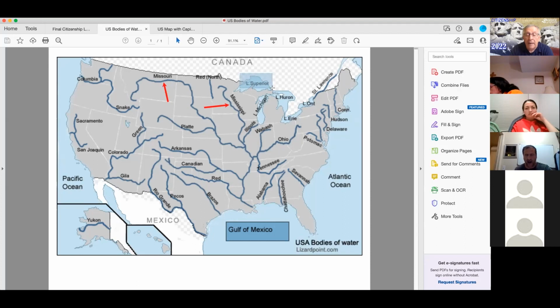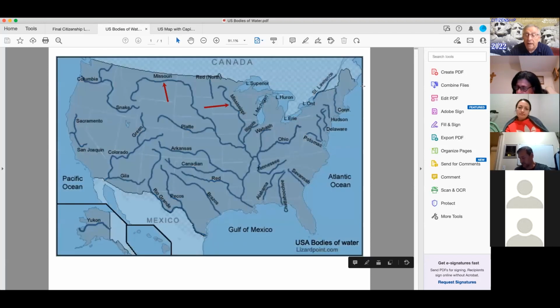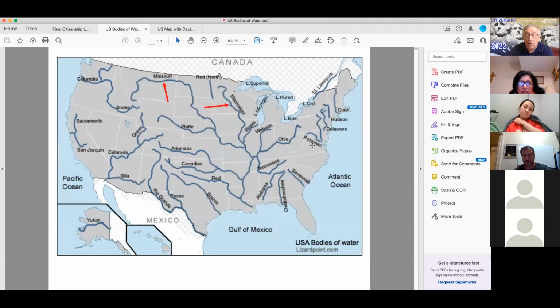We have Lake Superior, Lake Michigan, Lake Huron, Lake Ontario, and Lake Erie. Any map of the United States that you look at in a book or online will show all of those bodies of water. They don't change in name. There's no other way to say them. So it's the Atlantic, the Pacific, the Gulf of Mexico, and the Great Lakes.